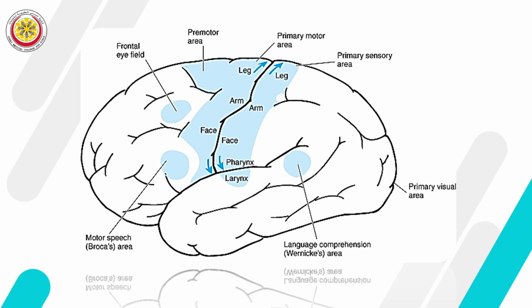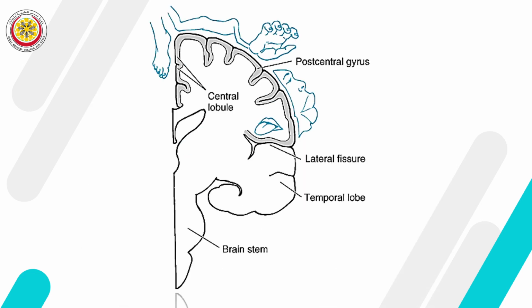This is the primary motor, and this is the primary sensory areas. This is to show you how big is the representation. The lips, by the way, have tactile sensation. Tactile sensation feel the enamel and the lips. Sensitive, discriminative.